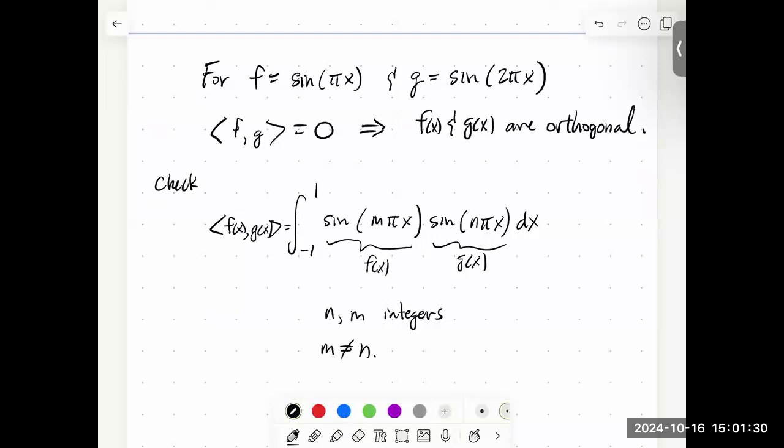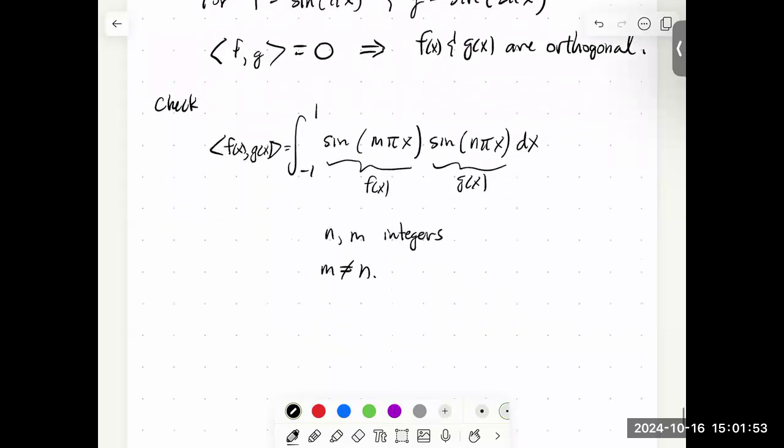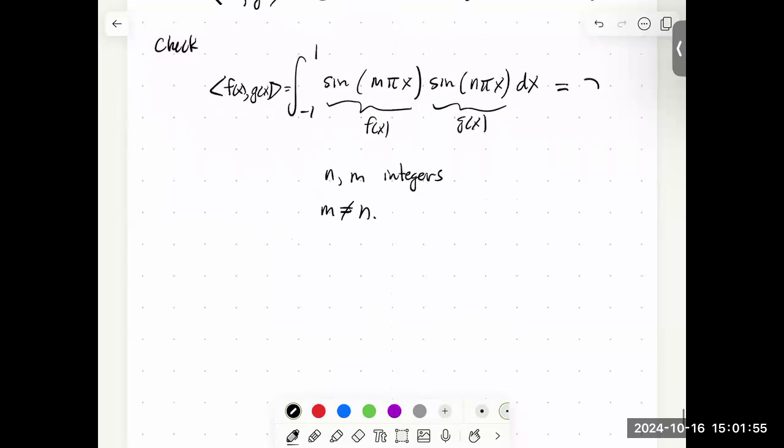Now there's a couple ways that you could think about this. We're on an interval that is symmetric, and sine is an odd function, and we multiply it by another odd function. So this product is even, and an even function integrated over a symmetric interval is 0. Okay, so this is going to be equal to 0 for all n, m with n not equal to m.